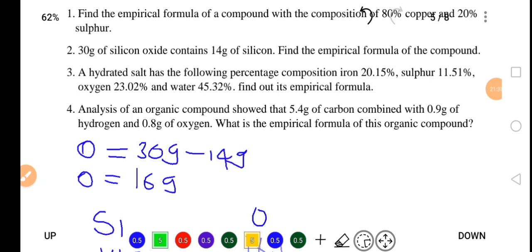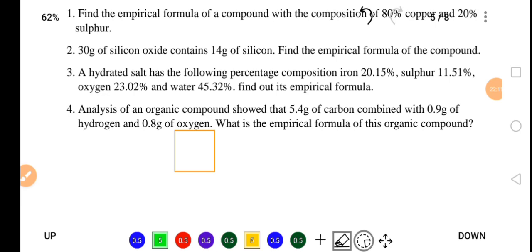And water, we have 45.32%. Find out its empirical formula. We understand, all of us, that a hydrated salt is a type of salt that has water of crystallization. That's the reason why they have given us the percentage of water in this salt. Very important.